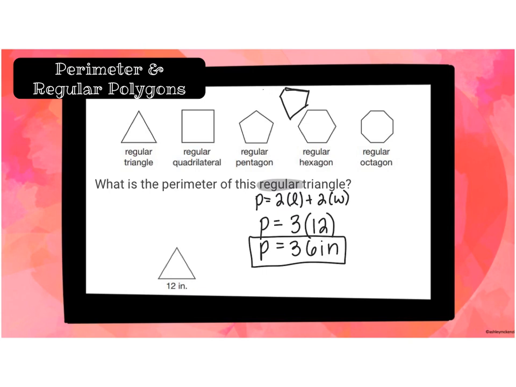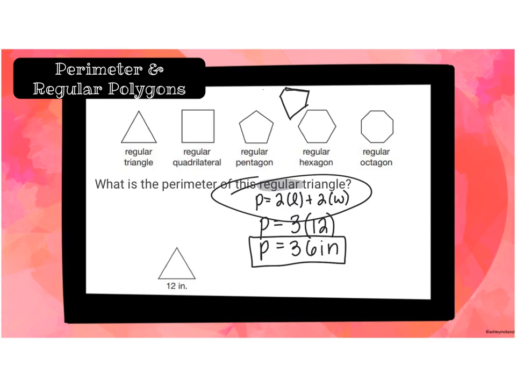Colton: These triangles don't have a real width, so the width is different everywhere you measure it. Right, so a triangle only has 3 sides. I don't have opposite sides that are parallel, right? So that's why I just did times 3. And you couldn't do it with a pentagon or an octagon or a hexagon. It has to be a 4-sided figure to use this formula. If it's not 4-sided, then you just multiply the number of sides by 1 side length, and then you got your perimeter.